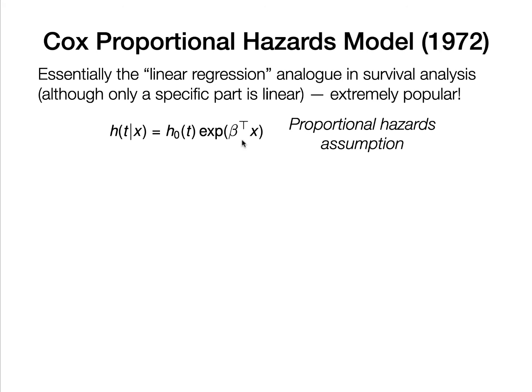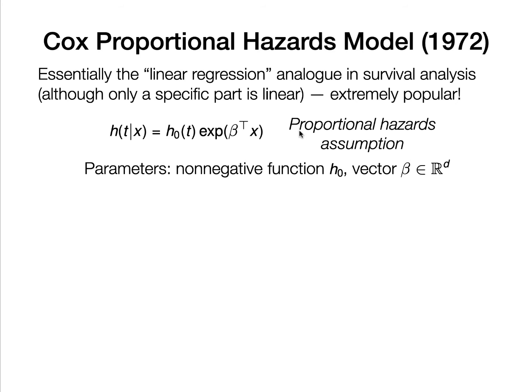It decomposes in this particular way, and the parameters here are the non-negative function h sub 0, which is called the baseline hazard function, and there's also an underlying parameter vector beta, which is d-dimensional, where d is also the dimensionality of the feature vectors x.